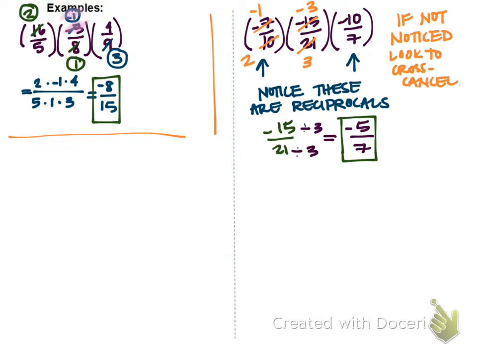I also notice that the -10 on the top, and this 2, which I've already reduced down to a 2, can also be simplified and cross-canceled. So there is 1, 2, and 2. And there are -5 2's in -10.